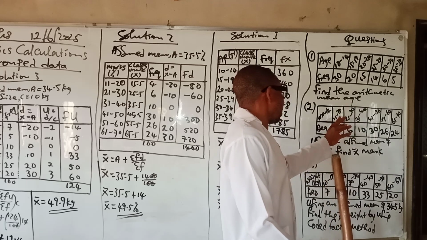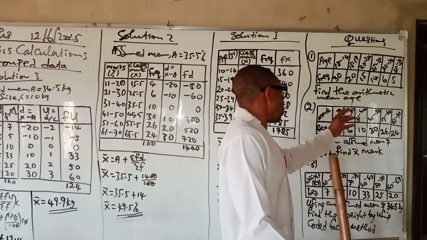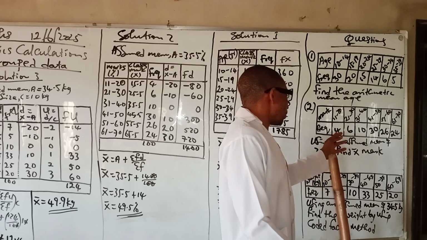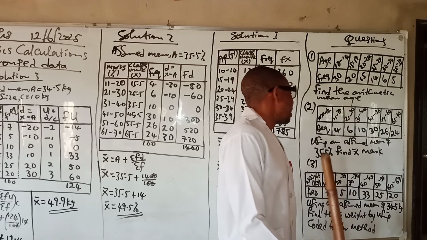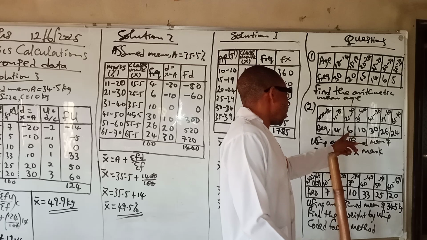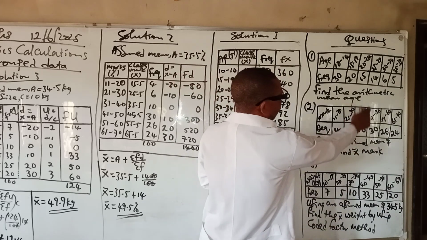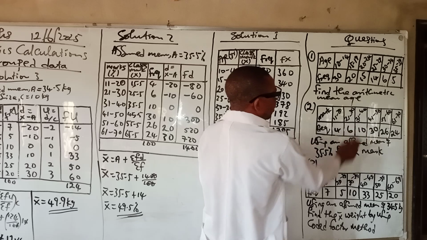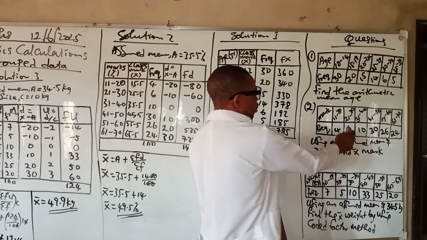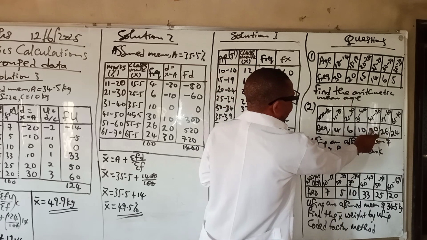Those that scored 11 to 20 marks, there are 4 students. Those that scored 21 to 30 marks, we have 6 students. Those that scored 31 to 40 marks, we have 10 students.